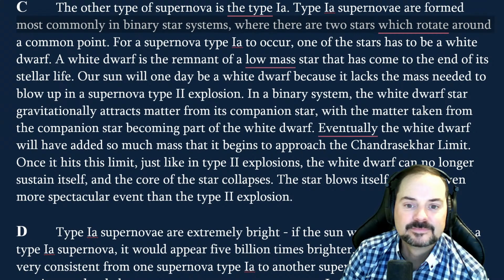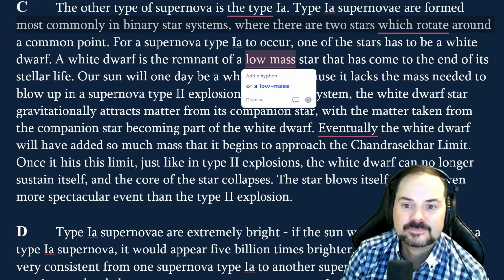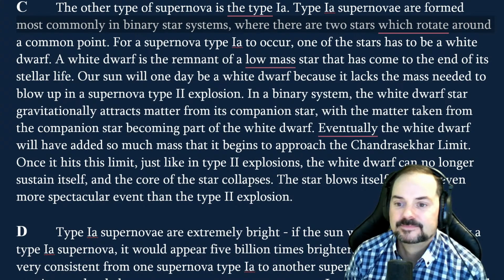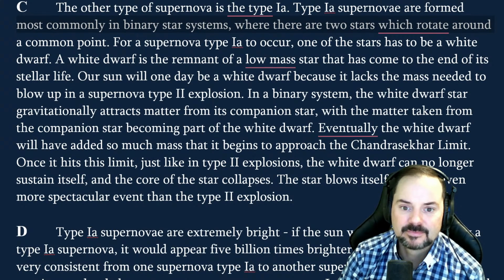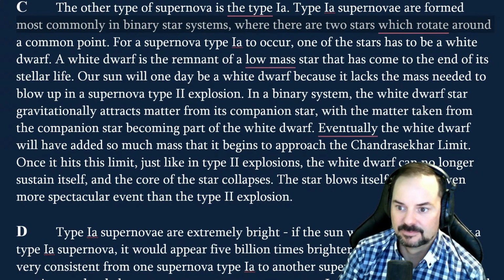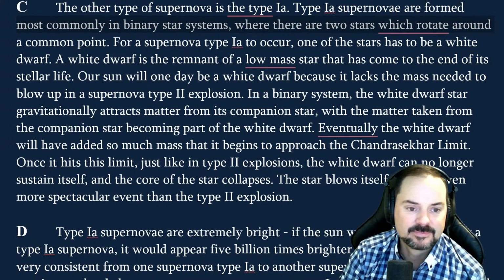For supernova types 1A to occur, one of the star types had to be a white dwarf. A white dwarf is a remnant of a low-mass star that has come to the end of its stellar life. Our sun will one day be a white dwarf.